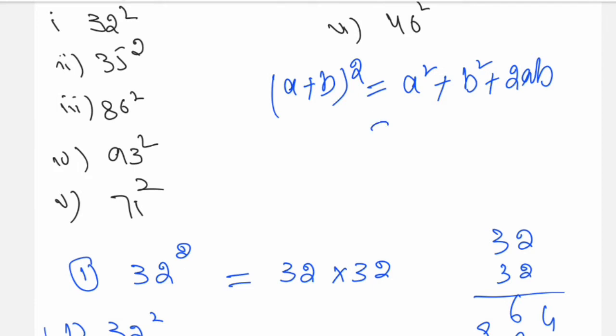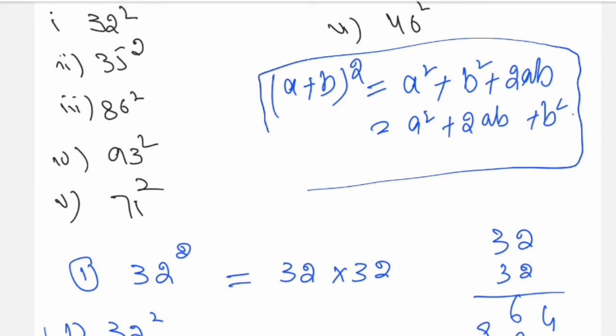Or you can write it like a square plus 2ab plus b square. It's the same, as the signs are the same. So we will shape our question according to that formula. But how will we shape our question?